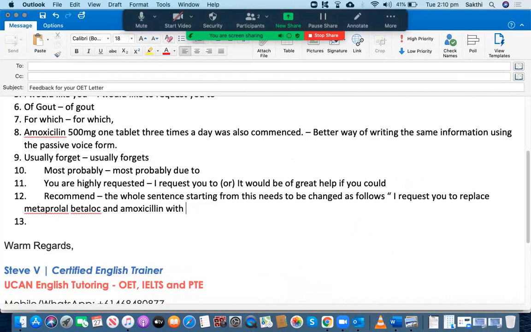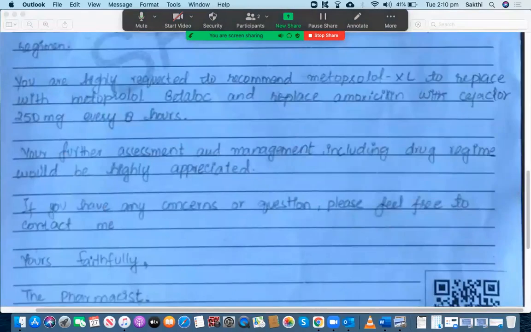With, and then you can mention this one, for example, metoprolol hyphen XL. And what's the one for the amoxicillin? Cefaclor. So what's this? It's actually Cefaclor, right? Yeah, CEFACLOR, am I right?